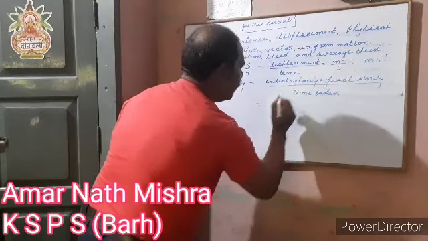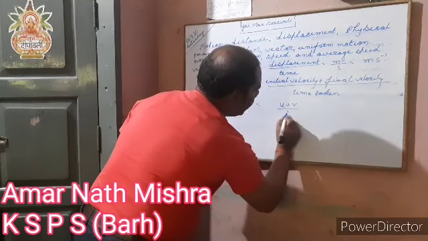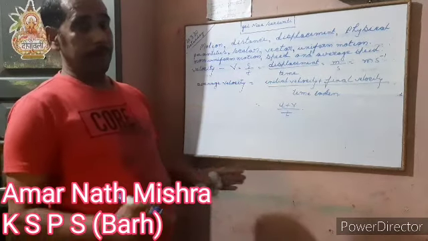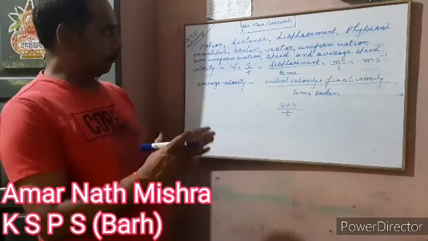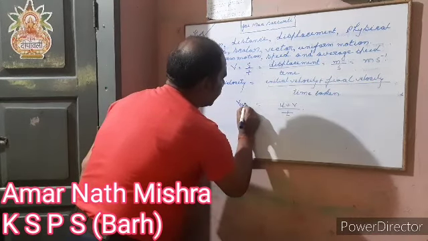That means initial velocity is indicated by u, plus v, by t. Here is the formula first. Then it is called average velocity.